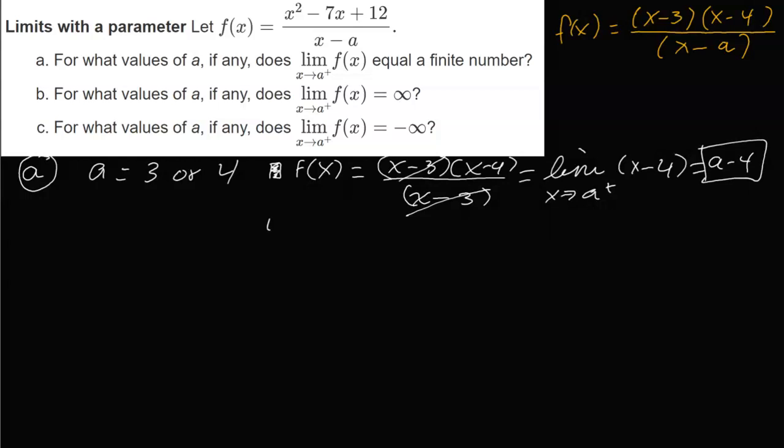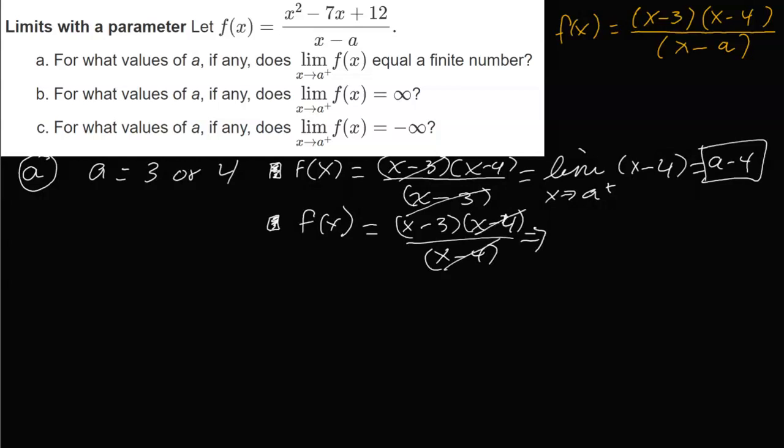And then if a is 4, then your f of x is going to be x minus 3, x minus 4 over x minus 4. Then you can divide out x minus 4.